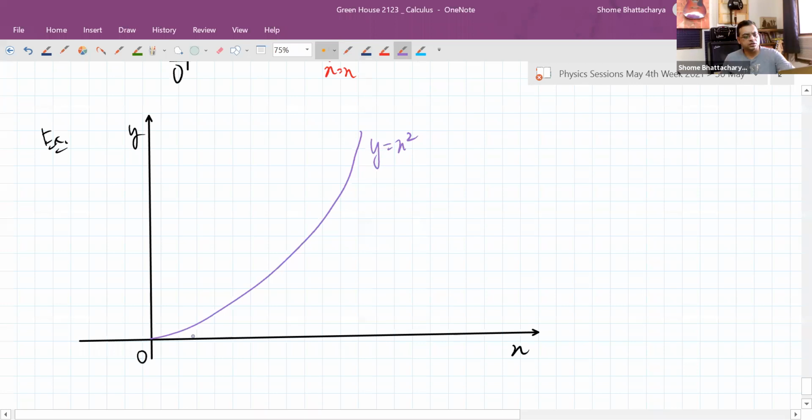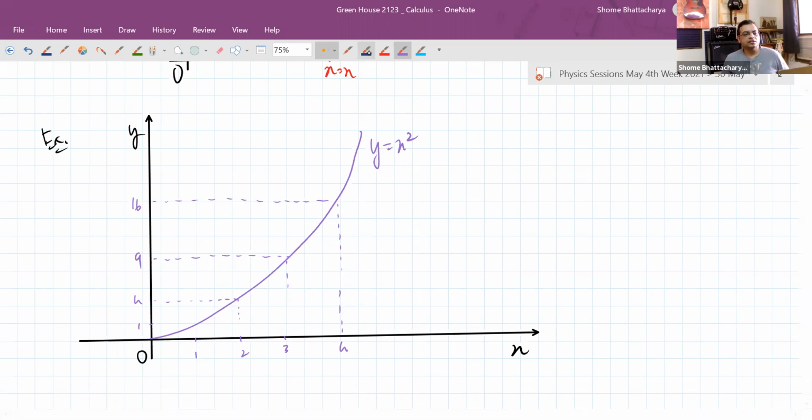As you know, at the value x equal to 1, the value of y will be 1. But by the time x becomes 2, the value of y becomes 4. So it rises quite rapidly. By the time x becomes 3, the value of y has increased to 9. My graph is not exactly drawn to scale, but you can still understand from it. So by the time x is 4, y has risen more sharply to 16.